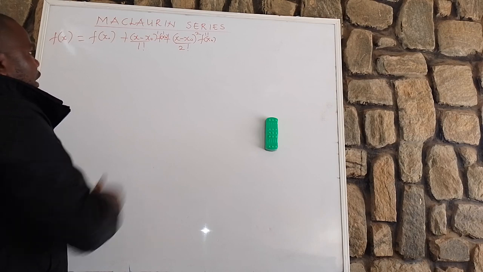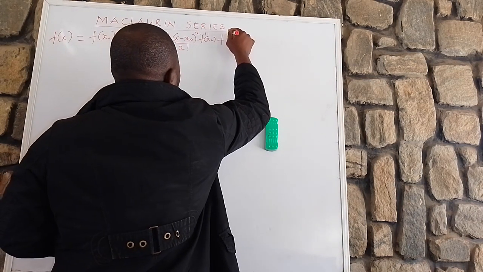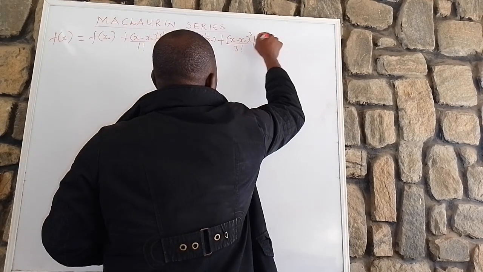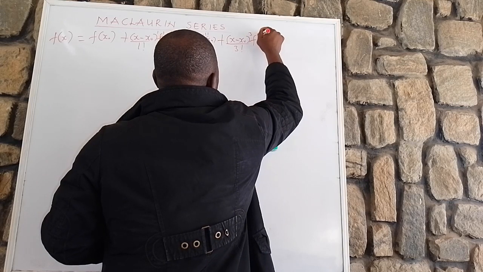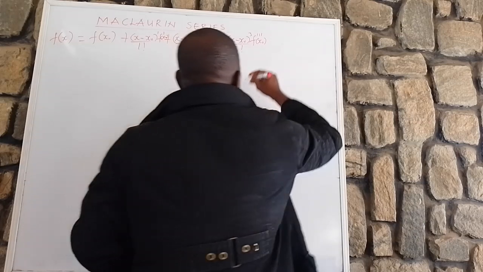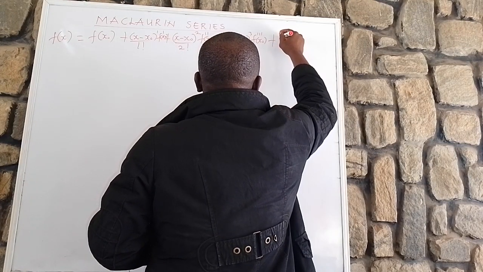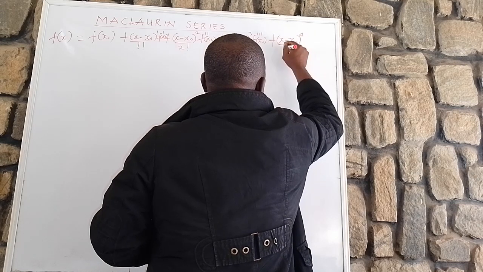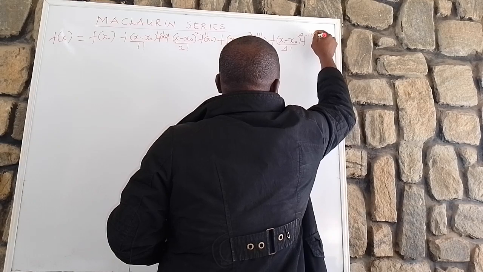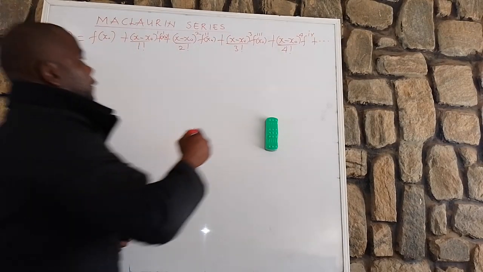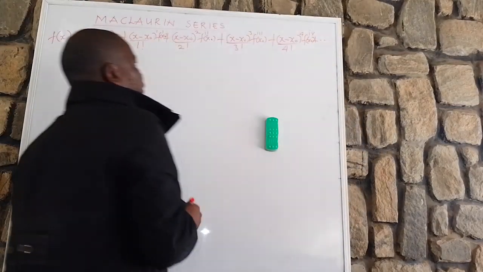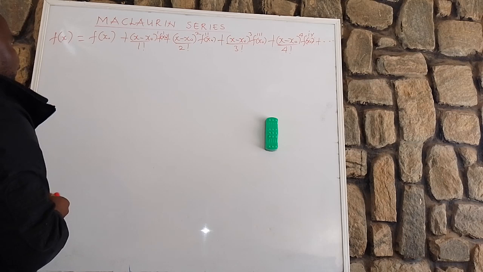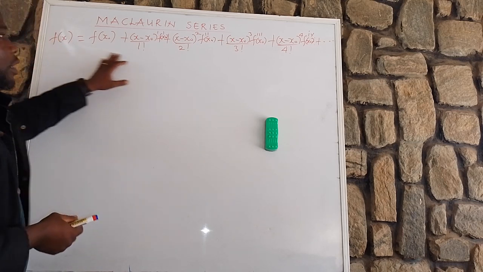It is not necessary. Then plus (x minus x naught) raised to the power of 3 over 3 factorial times f triple prime of x naught, then plus (x minus x naught) raised to the power of 4 over 4 factorial f fourth derivative, plus it continues.